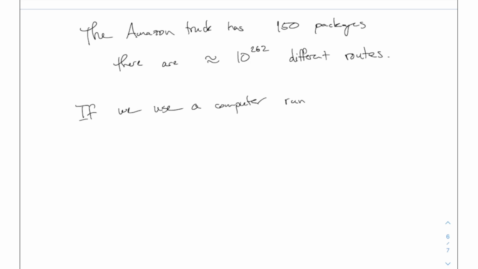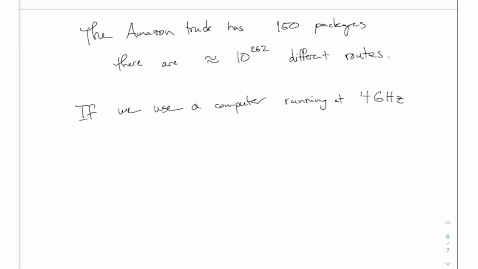This is exactly the kind of thing that computers are good at, like doing the same thing over and over again, adding up a bunch of numbers over and over again. But say your computer is running at 4 gigahertz. The speed of a computer processor is generally measured in hertz, megahertz or gigahertz. 4 gigahertz is a very high-end desktop or laptop.